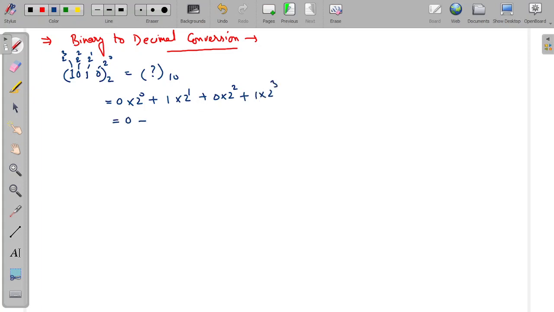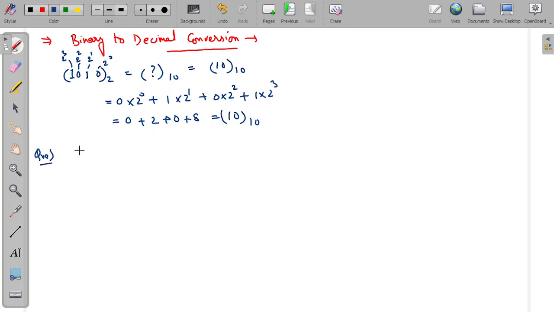This is 0 plus 2 plus 0 plus 8. This is 10, so this becomes 10 in decimal number. Okay, so the first weightage is 2 to the power 0, that is 1. The second weightage is 2 to the power 1, that is 2. The third weightage is 2 to the power 2, that is 4, and 8, and 16, and 32, like that. Similarly, you can go with the various conversions.